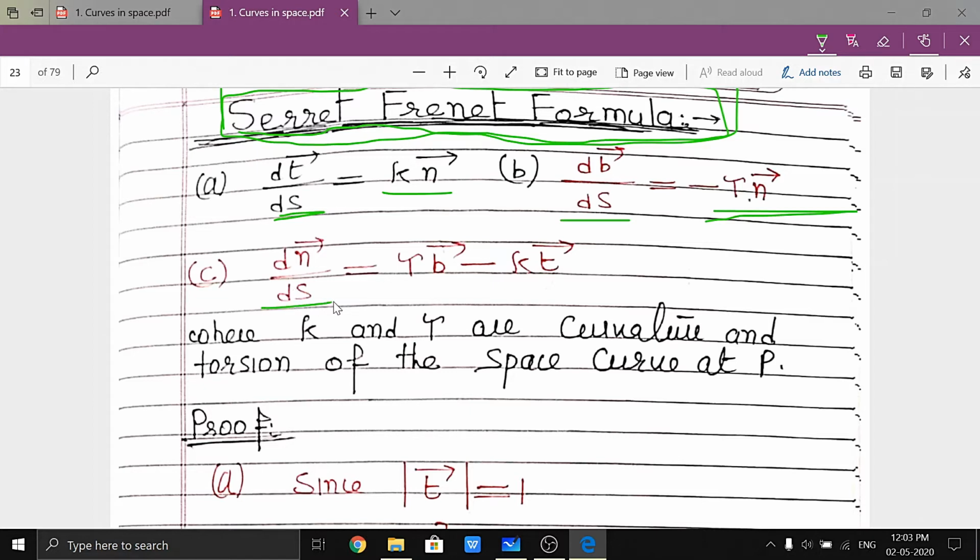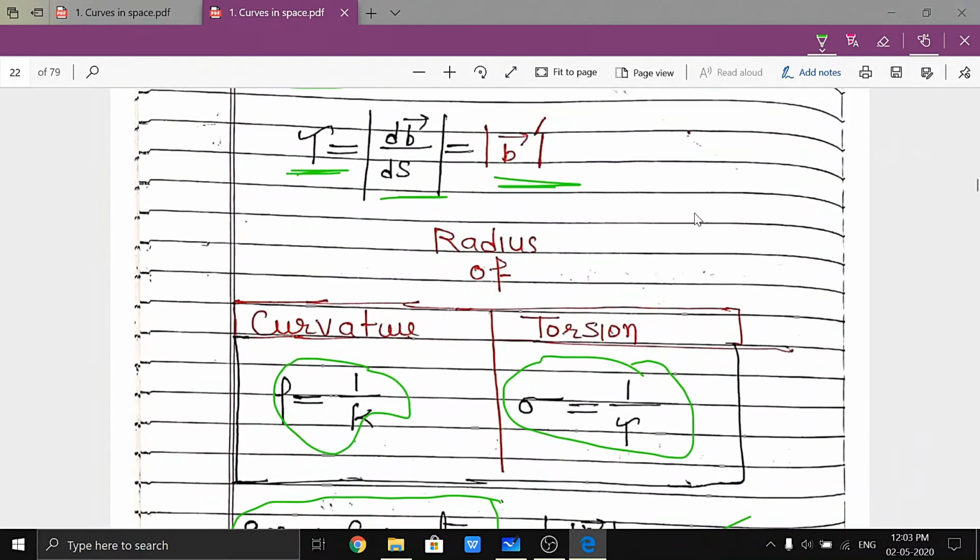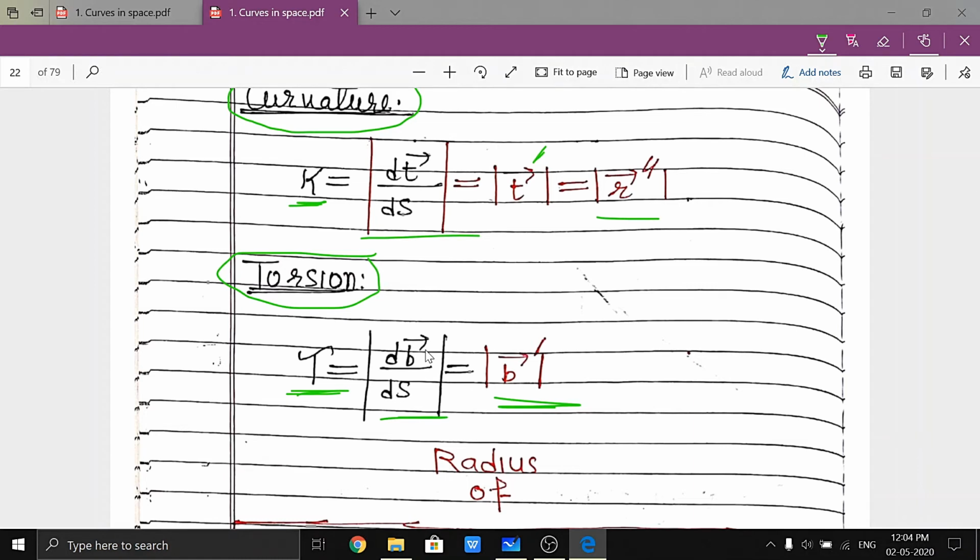And dN by ds is equal to tau B minus kappa T. So remember, first see this formula, then this formula. From these formulas, we can visualize this formula, tau B minus kappa T. Clear? Here negative will be positive and positive will be negative. First, T is with kappa and B is with tau. We already know that kappa is with T and tau is with B, right?